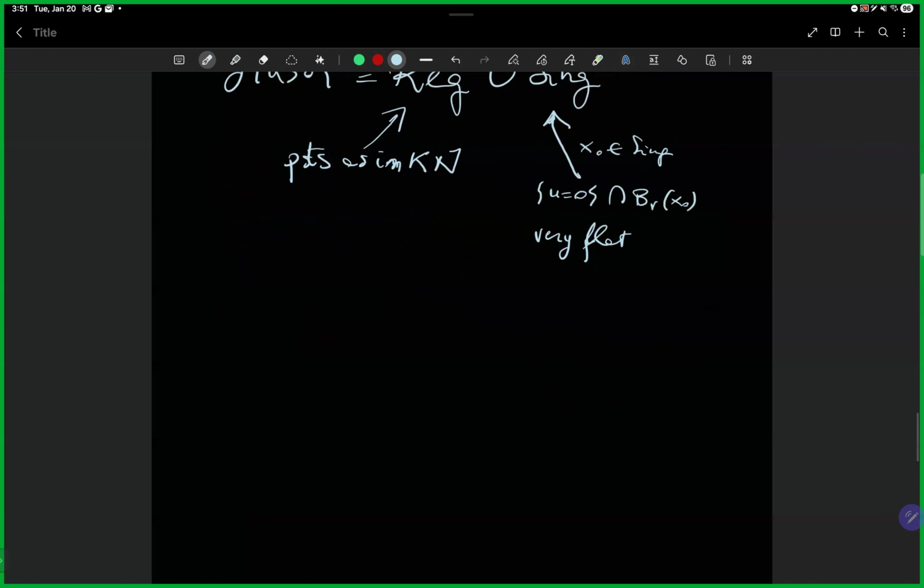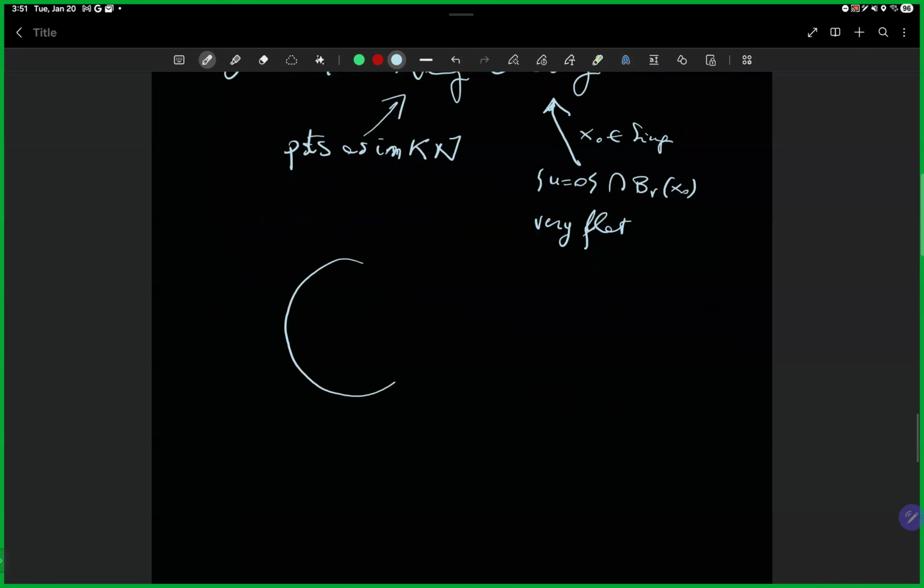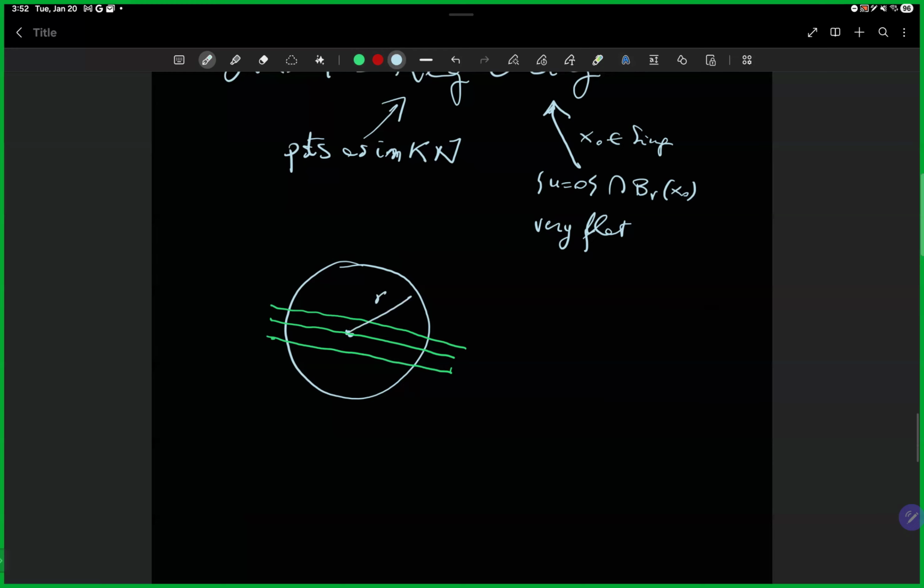It means that if I look at a ball around x0, which is on the free boundary, then I can find a plane, and then I take two translates of the plane. So this ball has radius r. The distance between these two planes is a little o of r.